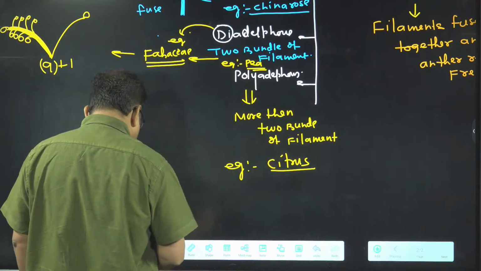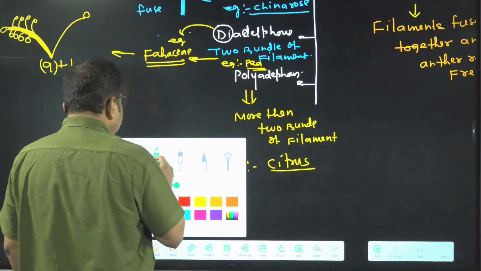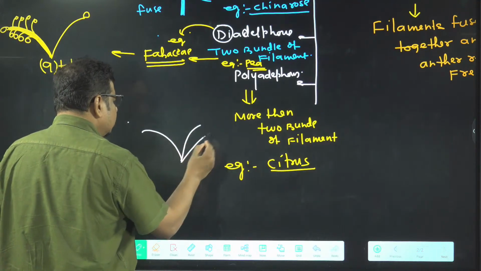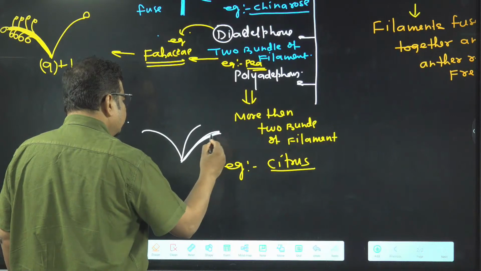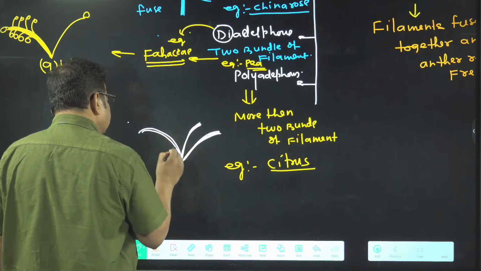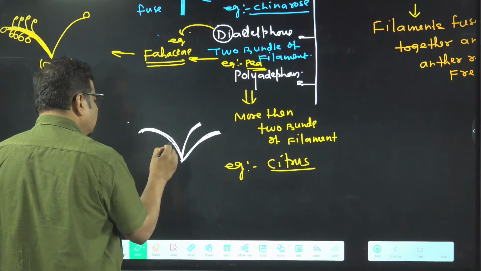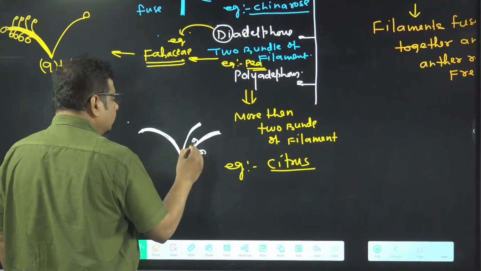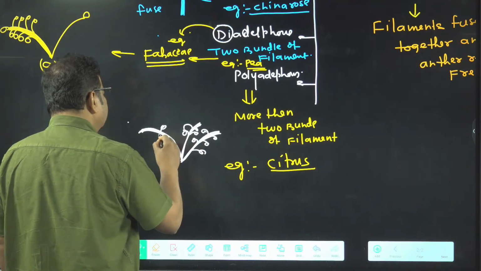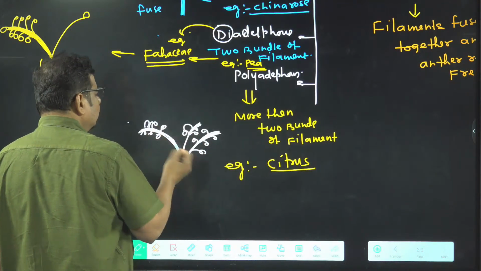So in citrus, what condition do we find? Polyadelphous condition is there. See here, filaments are fused, many filaments are fused. It is like this. Is it clear? And here it is such a kind of condition. More than two bundles are forming in the case of which one?